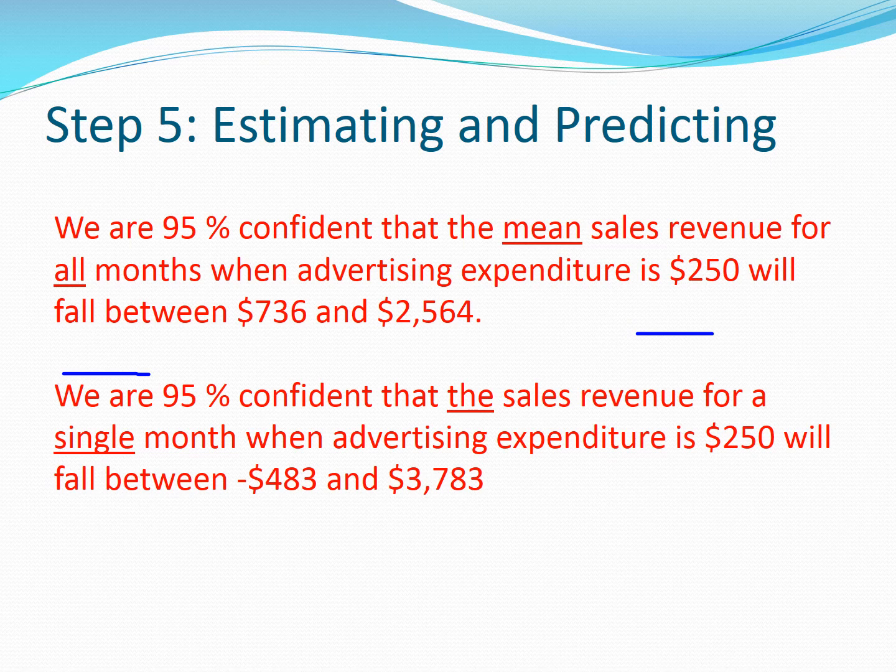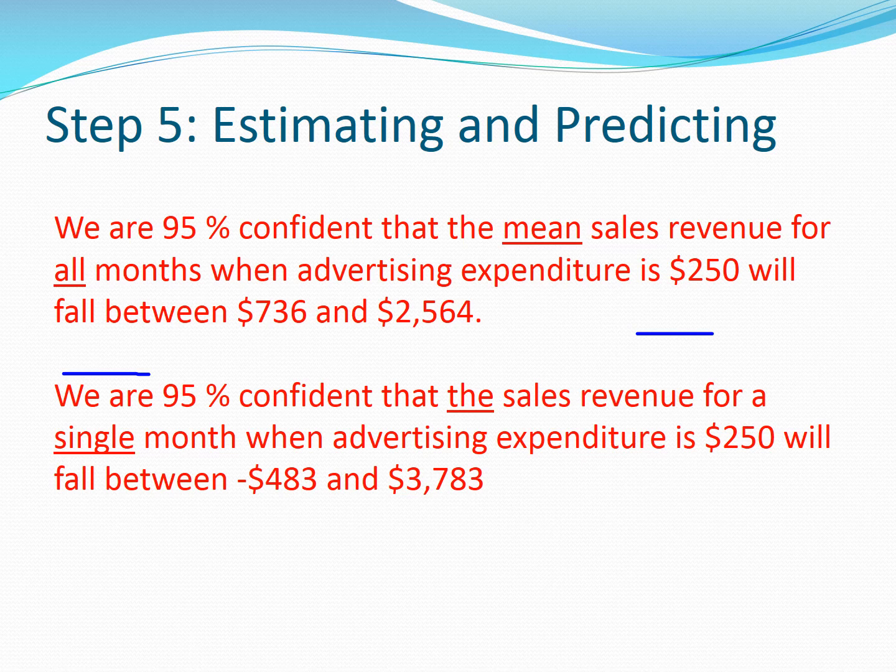That's why on the printout we see the number 0.7359 and we see 2.5641, in thousands of dollars. We are 95% confident the mean sales revenue for all months when advertising expenditure is $250 will fall between those endpoints. The other numbers were negative 0.4829 and 3.7829.